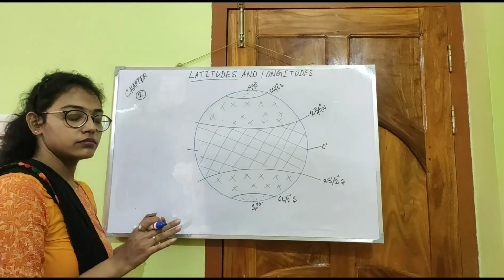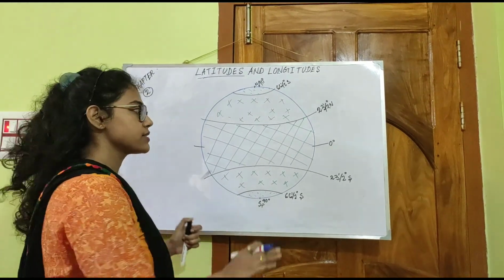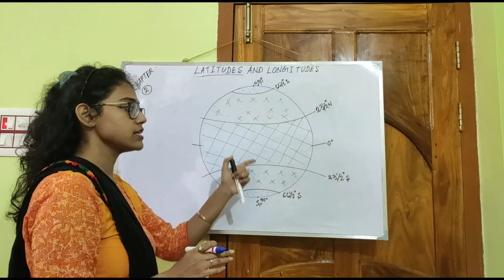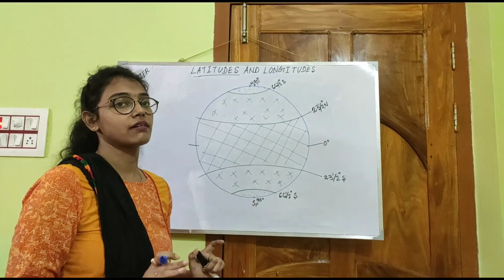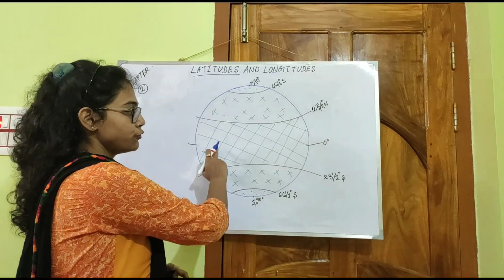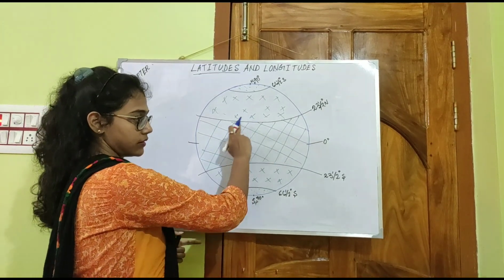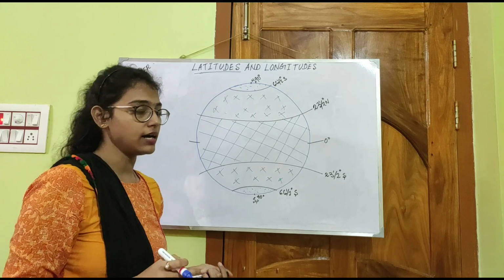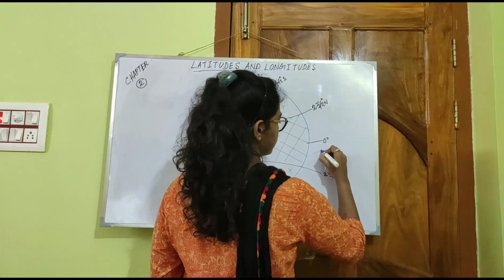You read the 5 main parallels. Based on the 5 main parallels, these are our climatic zones. There are 3 climatic zones actually. First, this climatic zone is called the torrid zone.